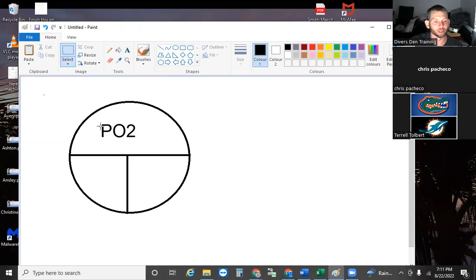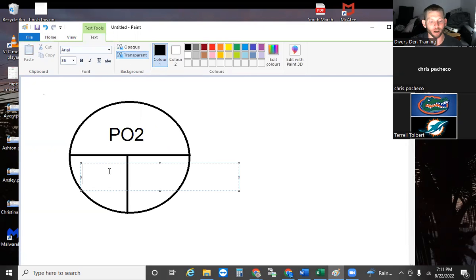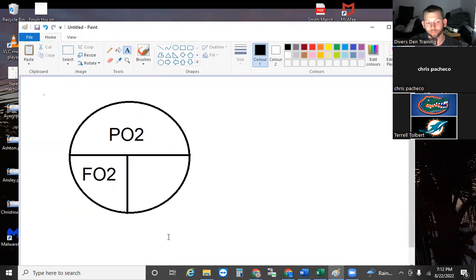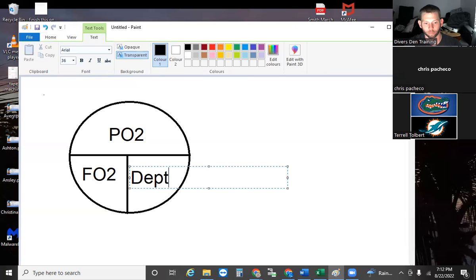Then over here you have the fraction of oxygen, FO2, and that's in decimal form. So if it's at 28%, it's 0.28. Then over here you have the depth in atmospheres.